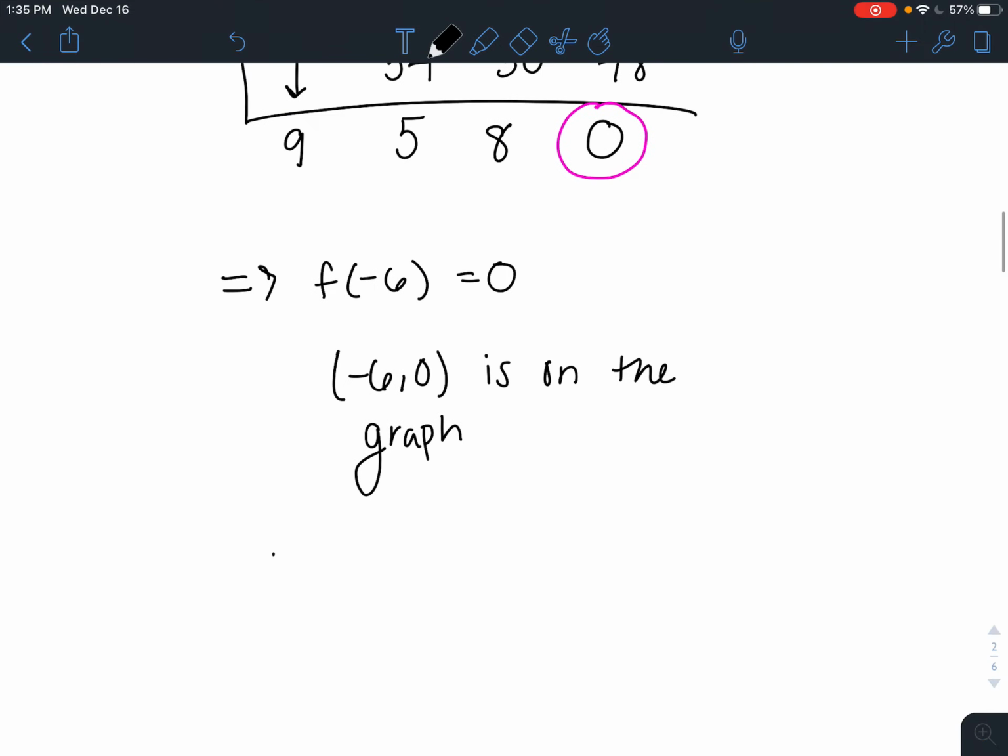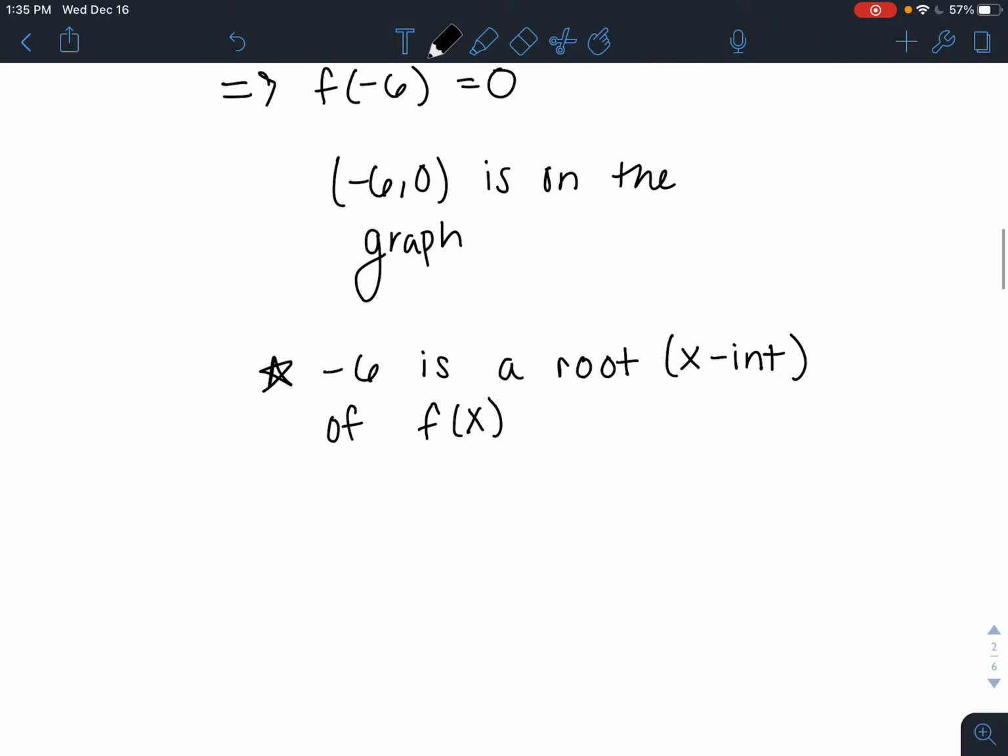So what this tells us is that -6 is a root of the polynomial, root or x-intercept of f of x.